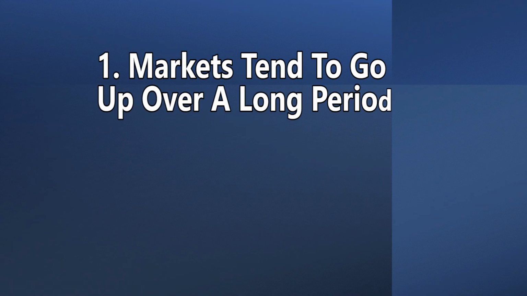Thus, the general idea that we should wait when the market is showing uncertainty is actually pretty much flawed. When the market is most confused, sometimes it is the best time to invest. And that is especially true if we believe in these two things. Number one, that the market tends to go up over the long period.